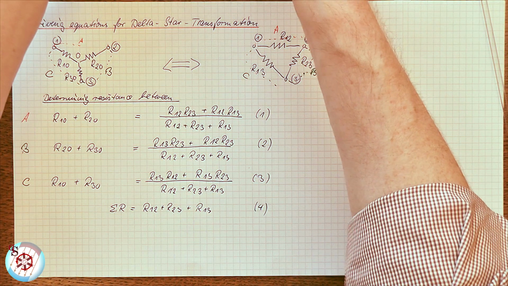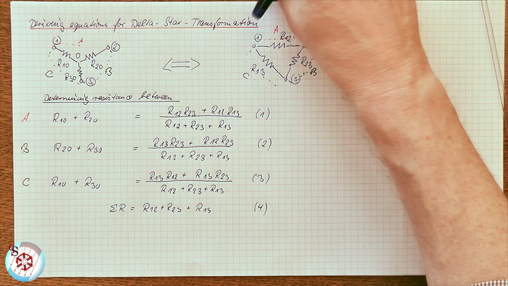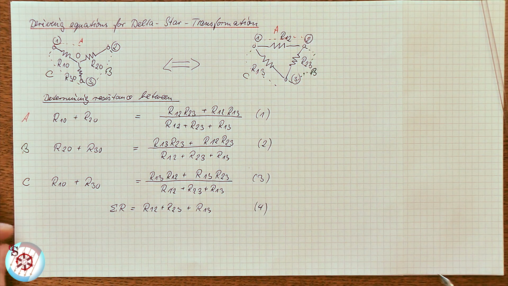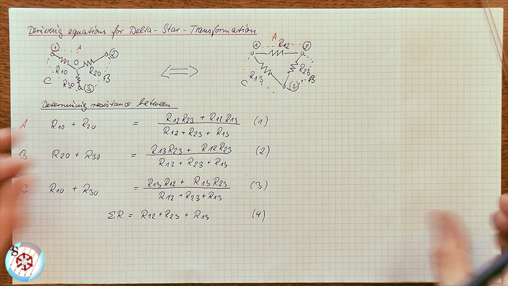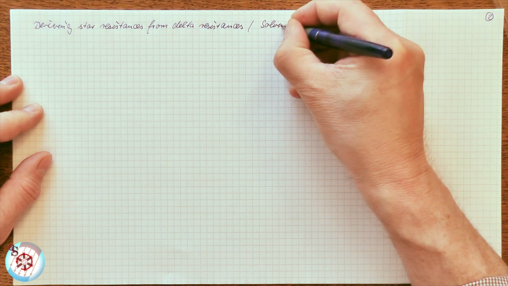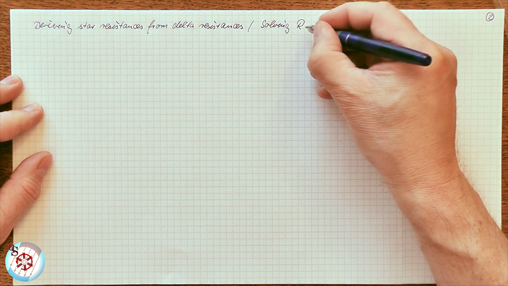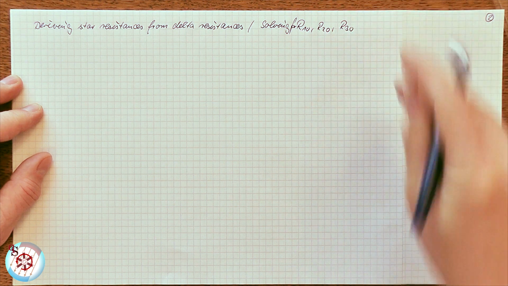And we start to solve these equations for R10, R20 and R30. So that's how we will derive the star equations. And that's done by solving these equations for R10, R20 and R30.